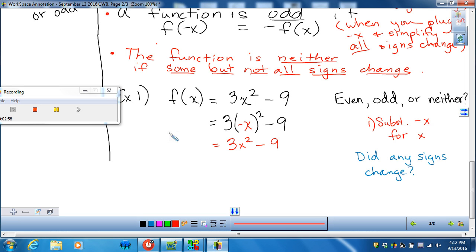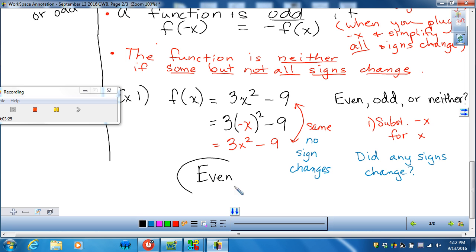My new one is 3x squared minus 9. When I compare these two functions, they are exactly the same. No sign changes, which means that my function is even, because I had no sign changes. Right? So take a moment, copy this down, and we'll start the next example.